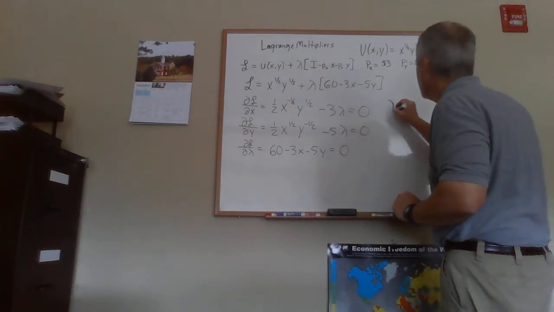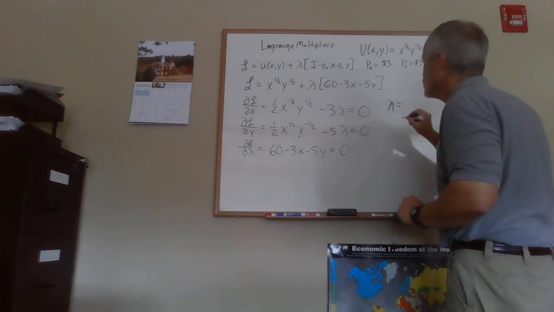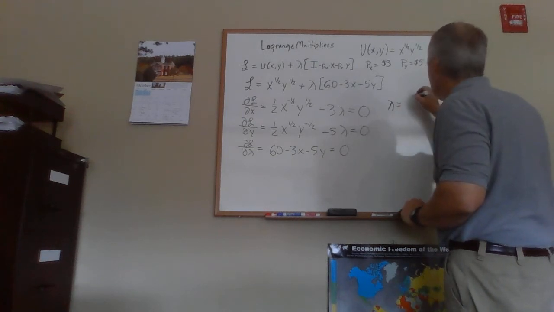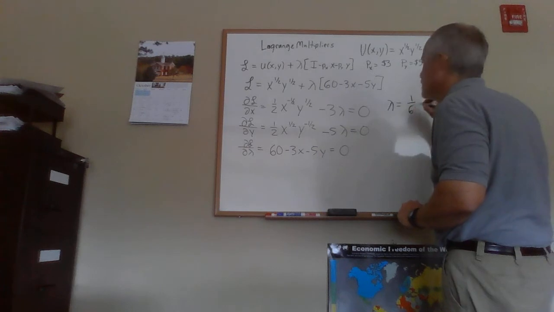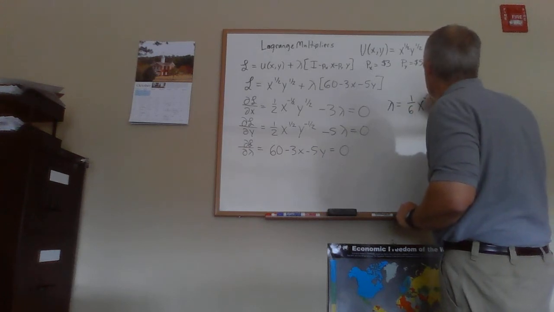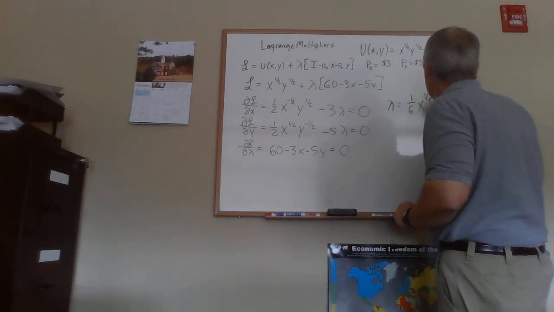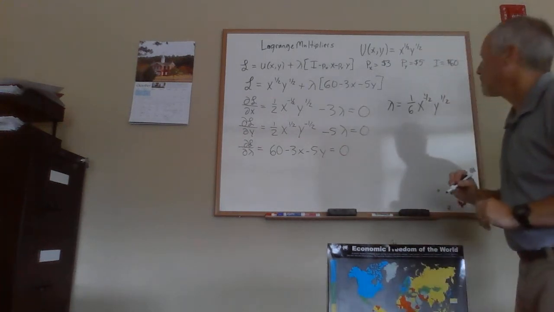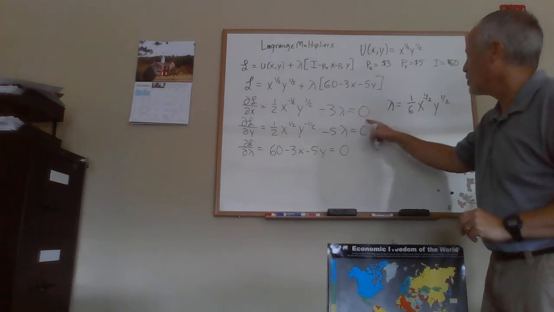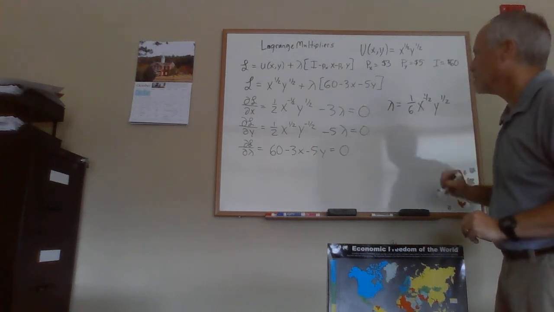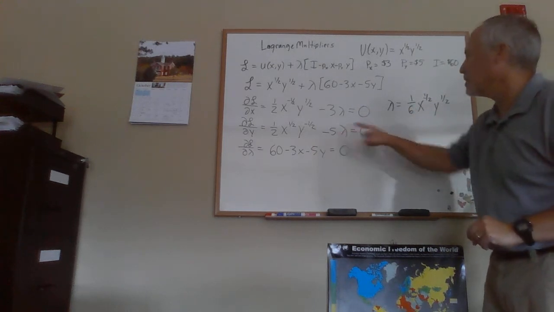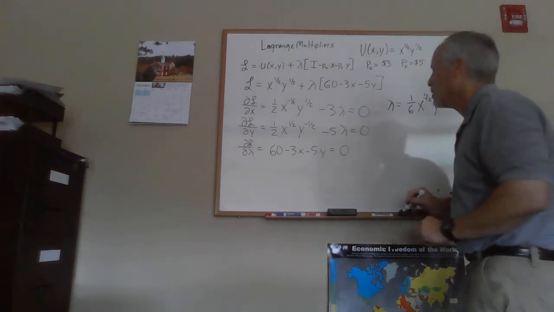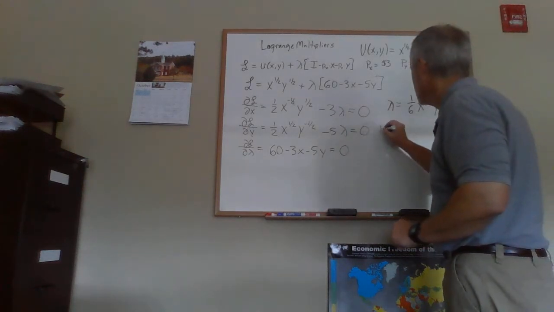And so from this equation, solving for lambda, you just move the 3 lambda over, divide by 3, and we get this expression here. Now we can substitute for lambda down here in this equation.